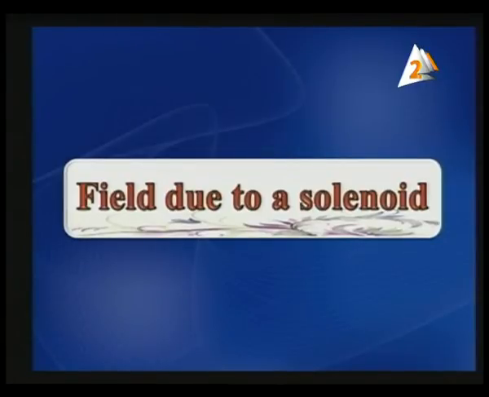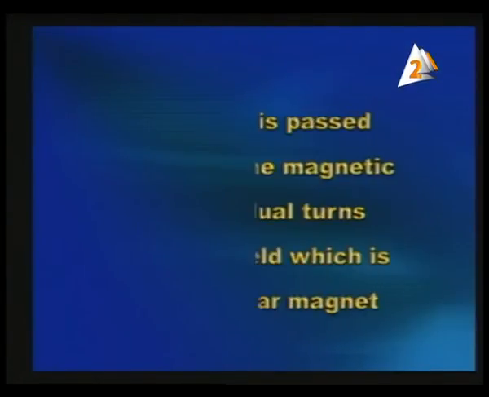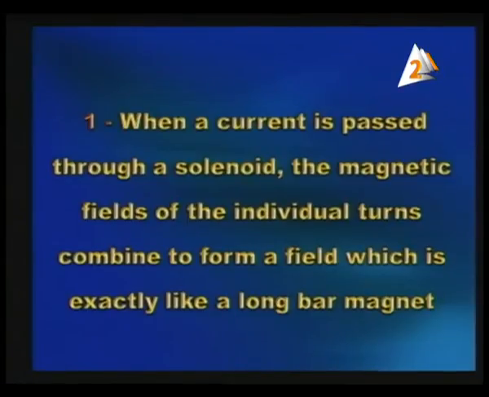And now talking about the field due to a solenoid. The magnetic field produced by a current carrying solenoid. When a current is passed through a solenoid, the magnetic fields of the individual turns combine to form a field which is exactly like a long bar magnet.